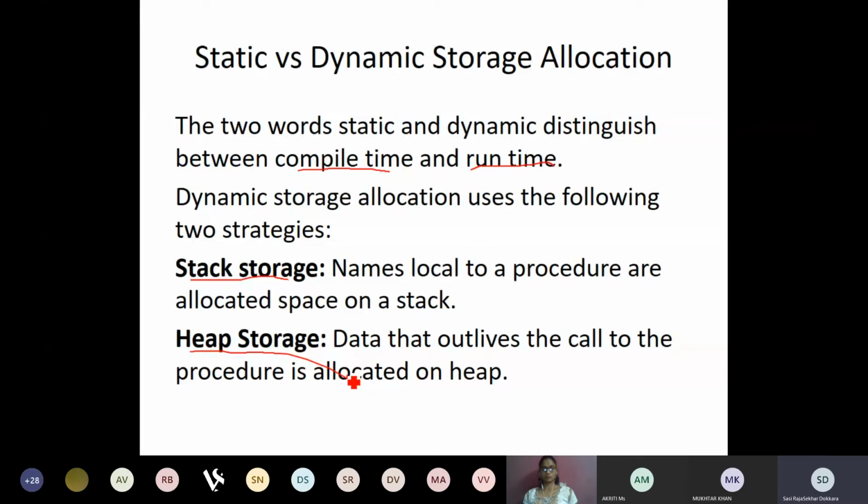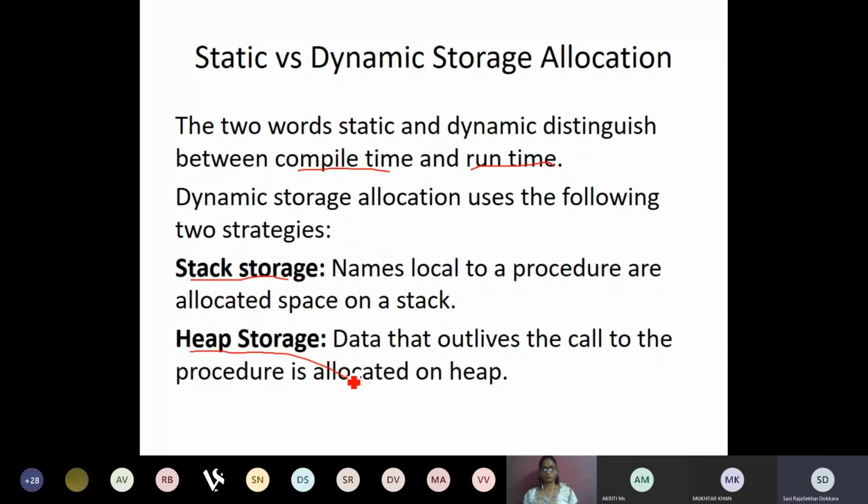When it comes to the stack storage, we have procedures that are being called. Any names that are local to the procedures are going to be allocated space on the stack. So why stack? We will discuss it. Because of doing this, the utilization of space can be optimized.